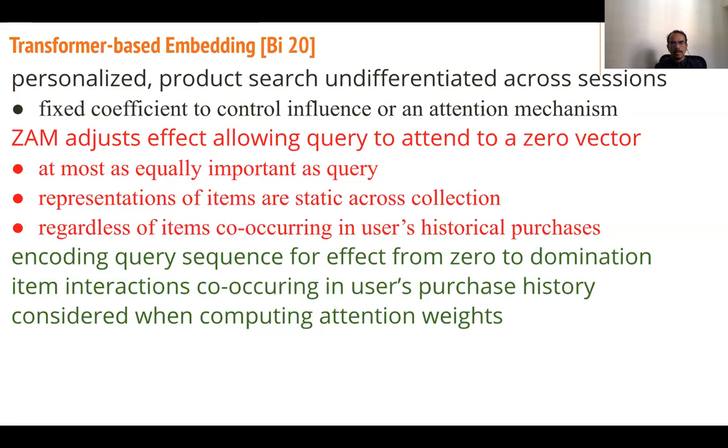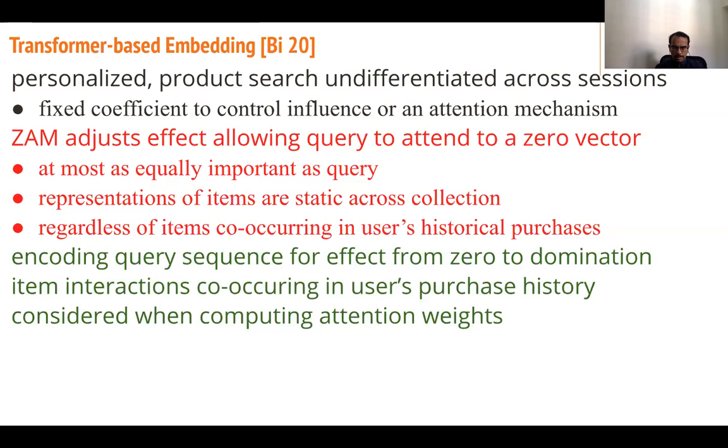So what are the unique aspects of the solution? Encoding the query sequence for effect from 0 to domination, item interactions co-occurring in user purchase history are considered when computing attention rates. Since a recent purchase may play a different role compared with a long-ago purchase, in addition to query and item embeddings of a corresponding unit, positional embeddings are also used to indicate the purchase order of each item.